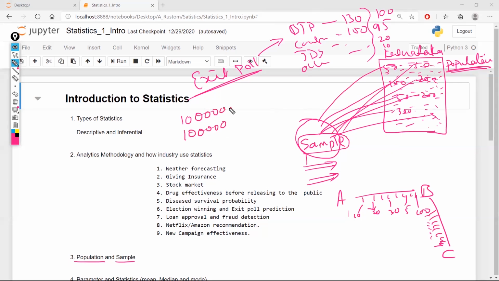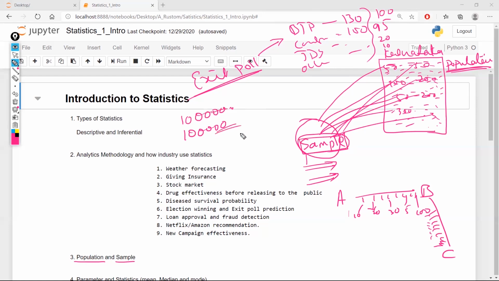It depends how you are going to collect the sample. It all depends upon different criteria and things like that. So that is why you see different numbers in different channels. It all depends upon how many samples they have collected.